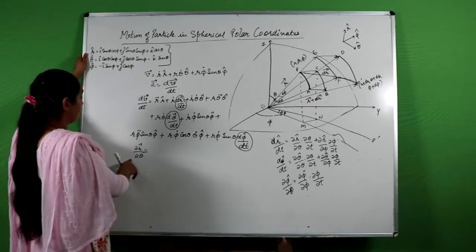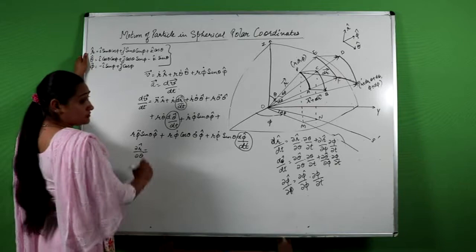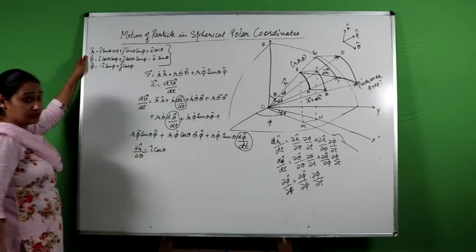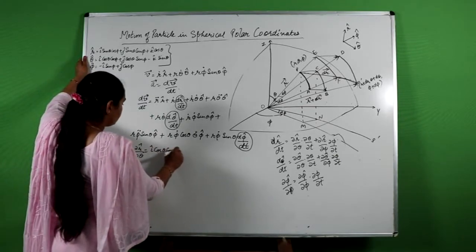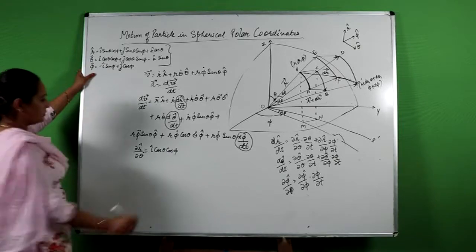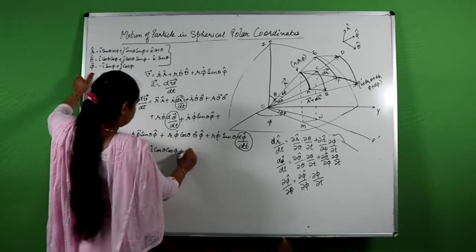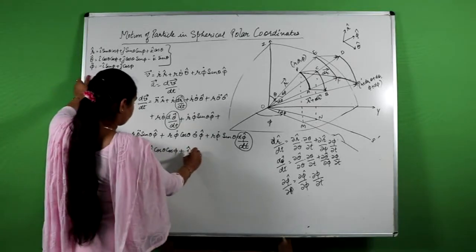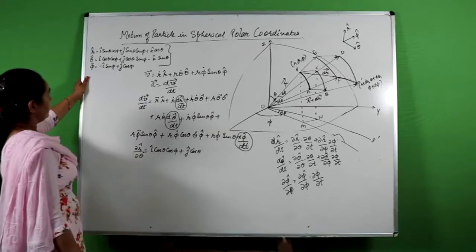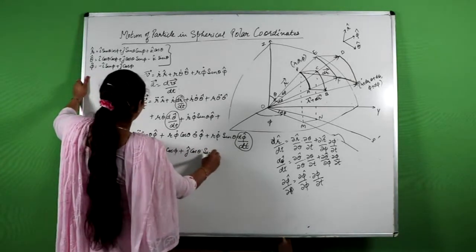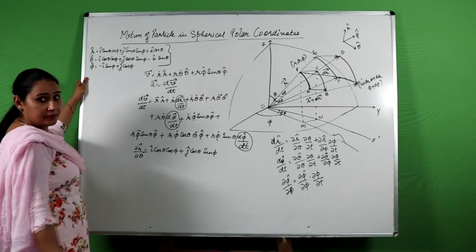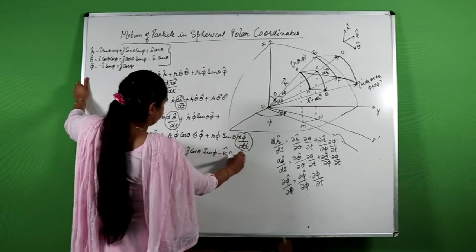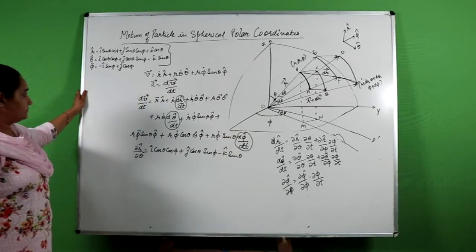Since this is a partial differentiation, I will get differentiation of sin theta, that is cos theta d theta by d theta, that is 1, into cos phi as such, plus j cap cos theta into sin phi minus k cap sin theta.